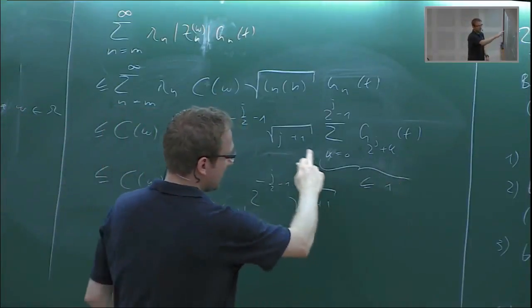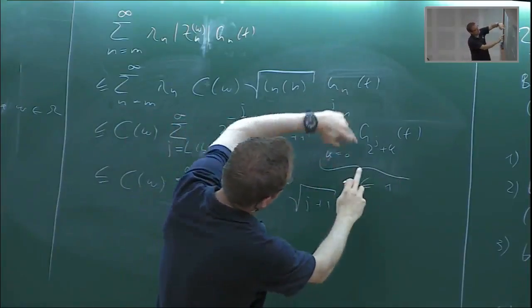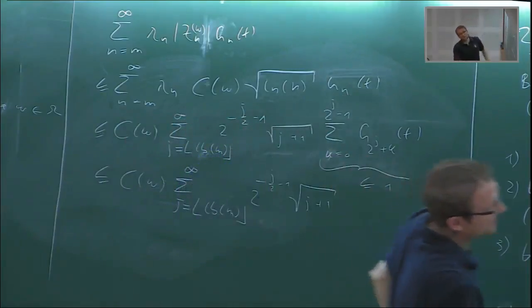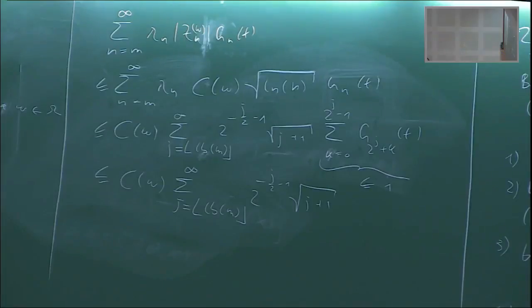Because these functions are the functions for each generation j, we have seen that the support of those peaks is disjoint. So if we have some t here, then all the other functions evaluated at this t are 0. So if we have this peak and we evaluate it here, then it's 0.